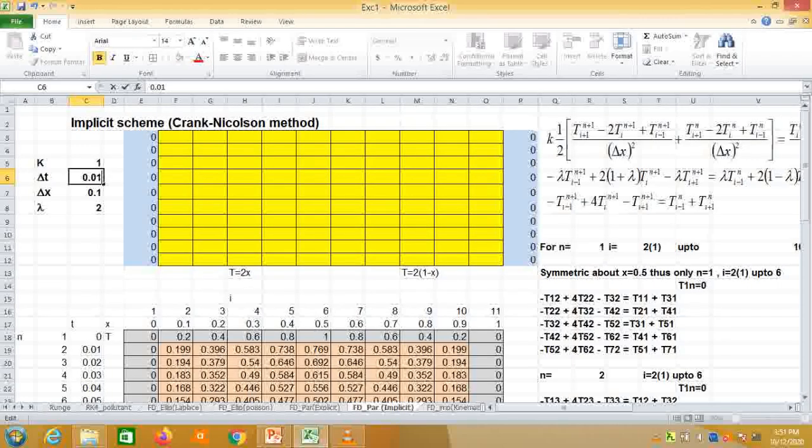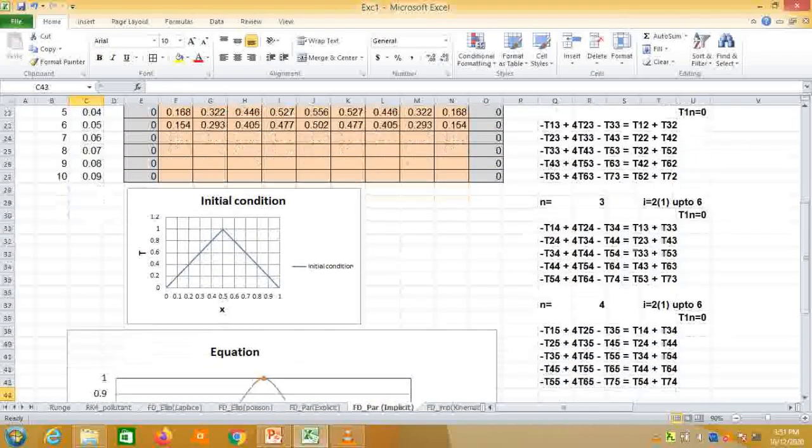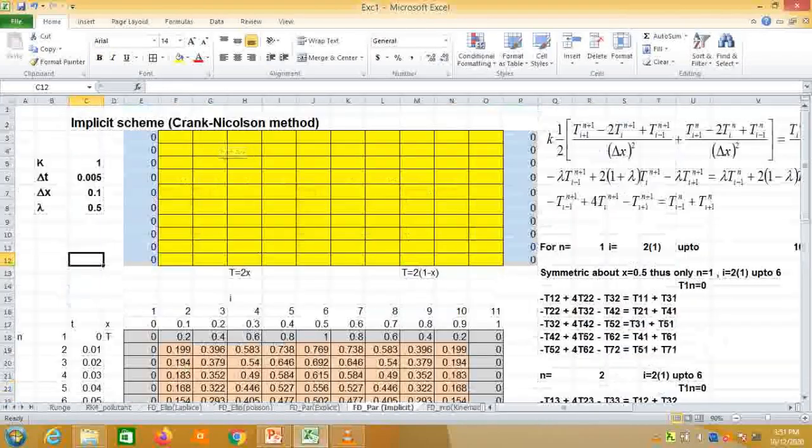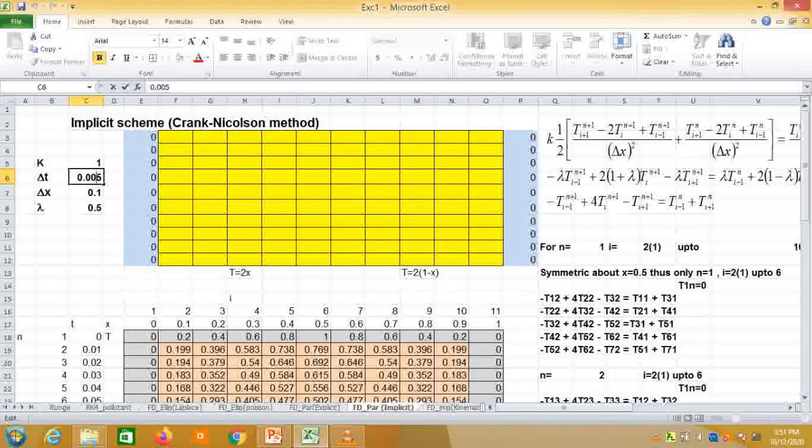Not significant change as such. So here, no change as such, in the implicit scheme or using the Crank-Nicolson scheme.